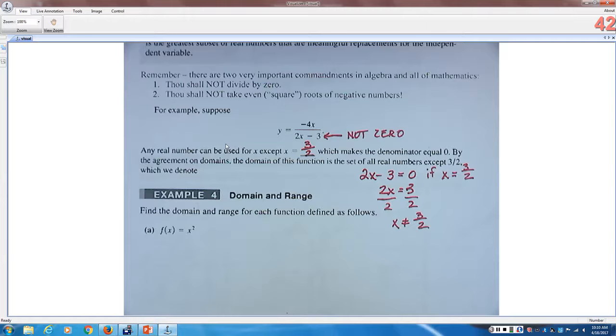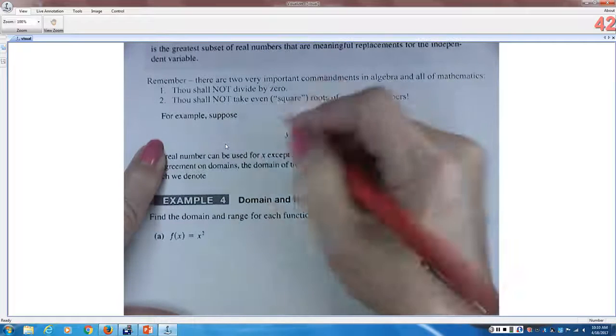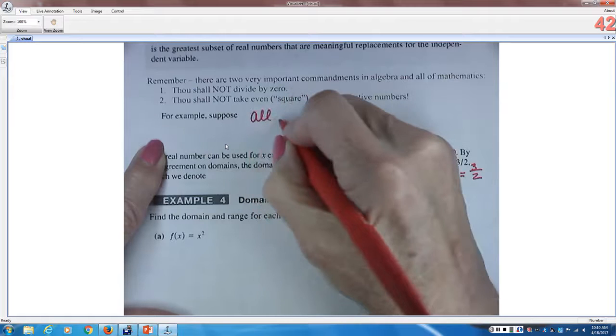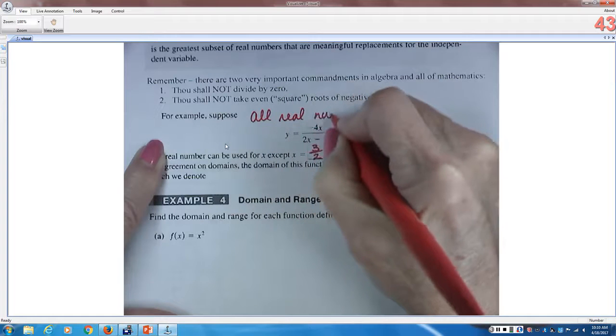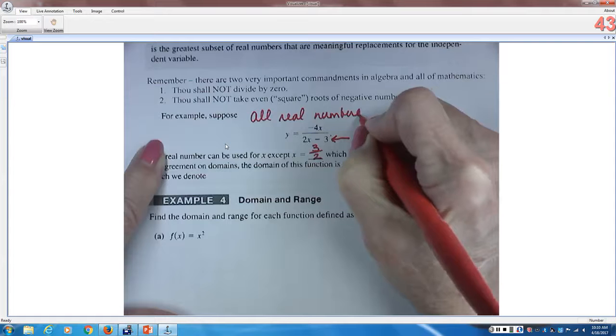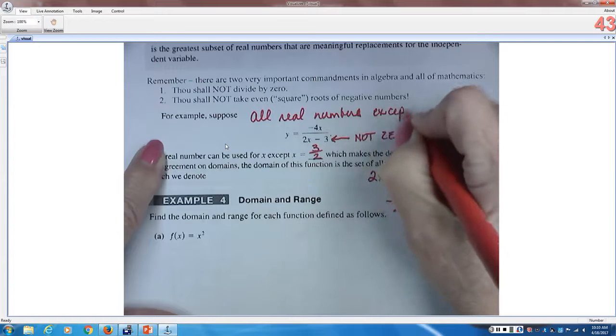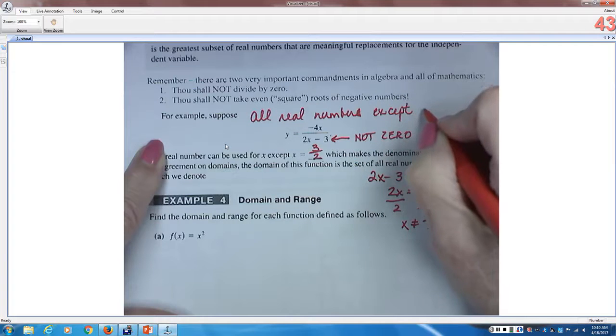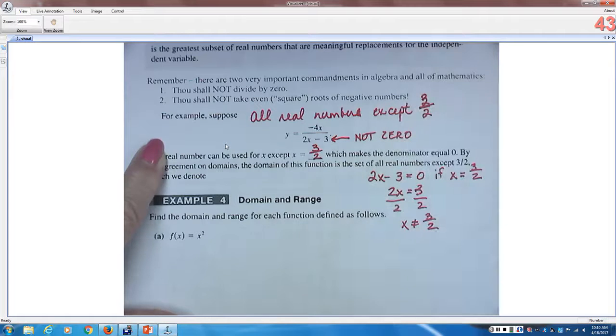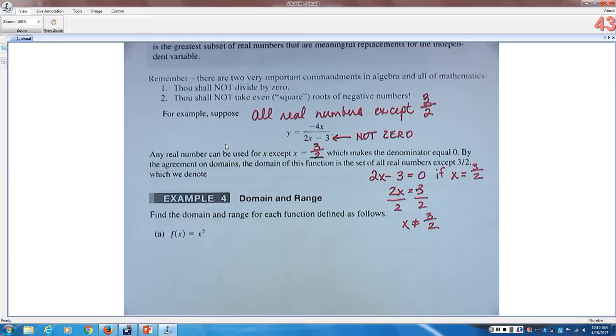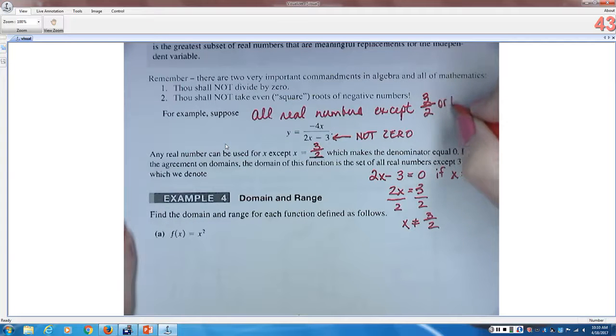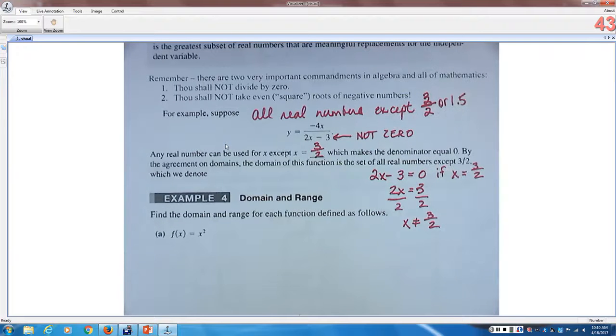So if I ask you to find me the domain of this function, the domain of this function in words, all real numbers except 3/2. Can't have 3/2 or 1.5. Means the same thing. Okay?